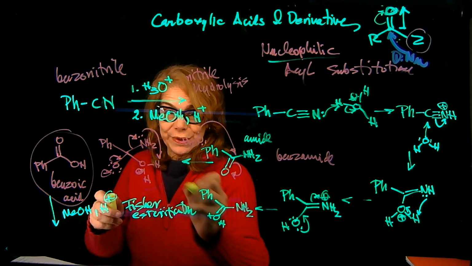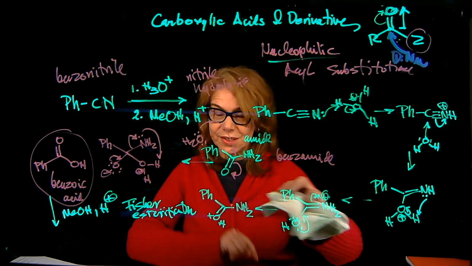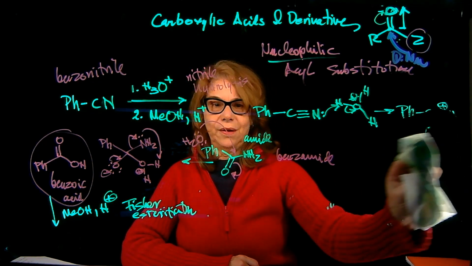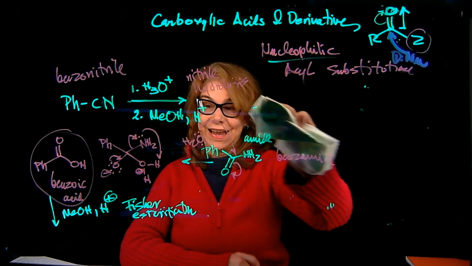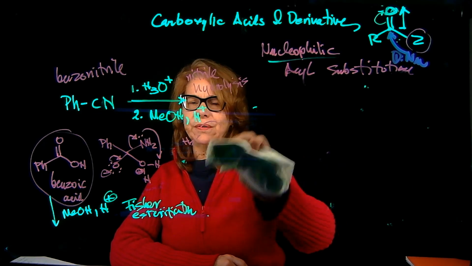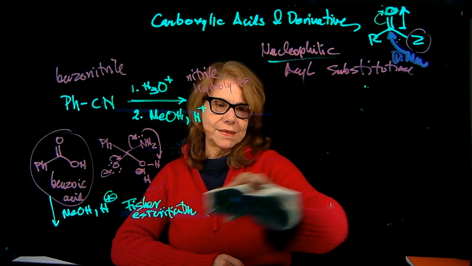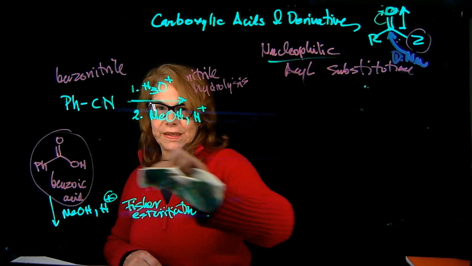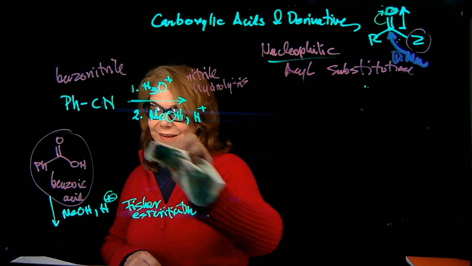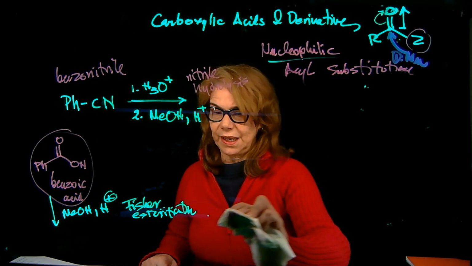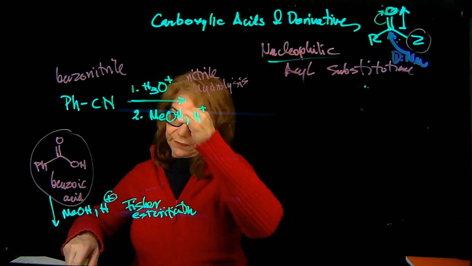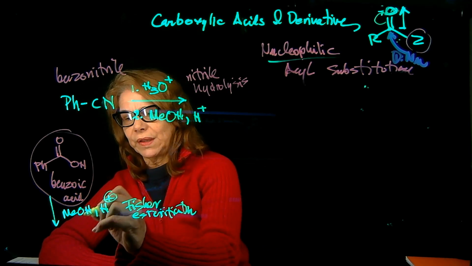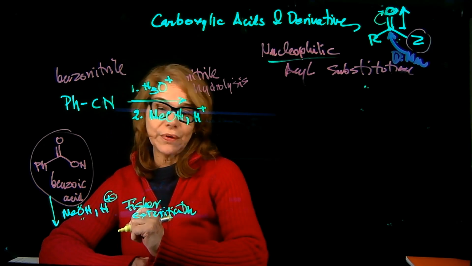And because we're doing that now, I'm going to be erasing this part of the hydrolysis that we did before, because I need the space. So here we are. This is step 2 in the reaction. After the nitrile hydrolysis, we ended up with the carboxylic acid. And now in the Fischer esterification under acidic conditions, this is your nucleophile.